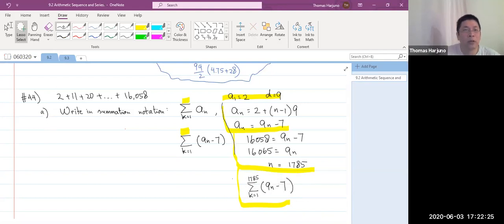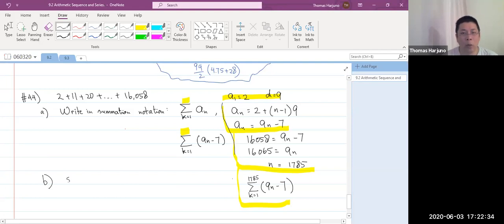Then, next, let's find the actual sum. The 1,785th partial sum will be 1785 over 2 times the first term 2 plus the last term 16,058.